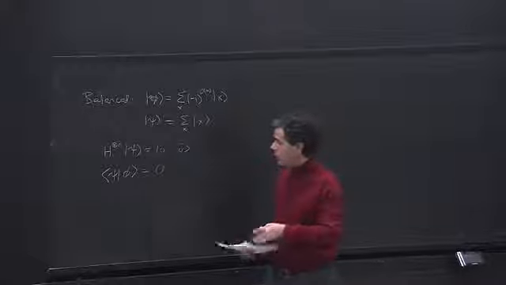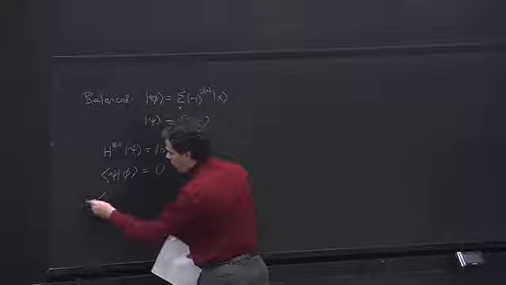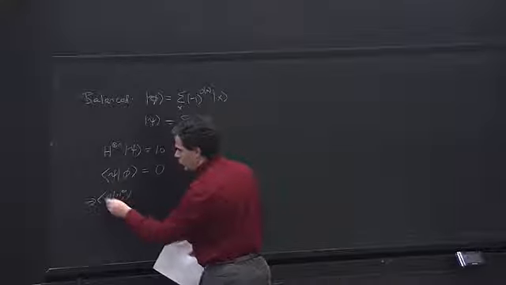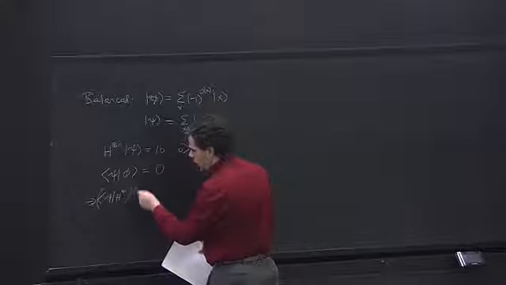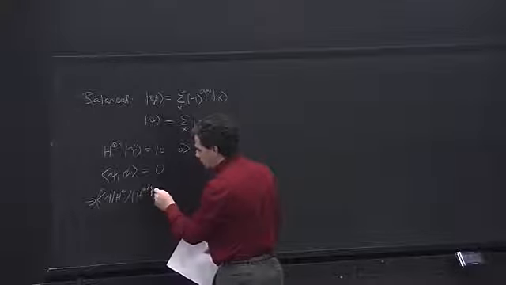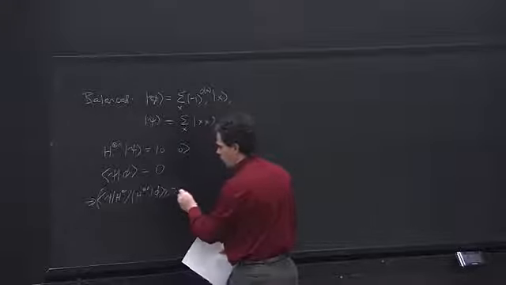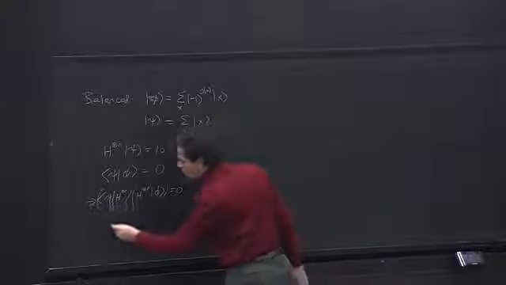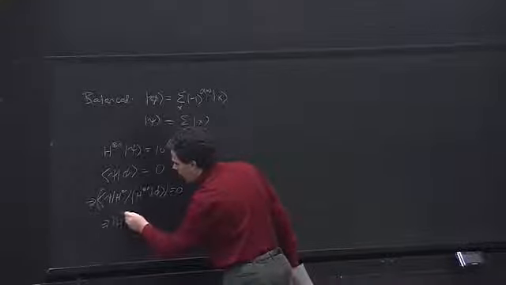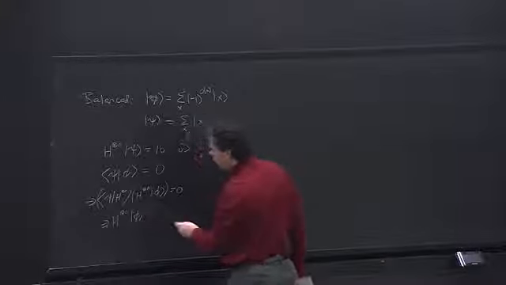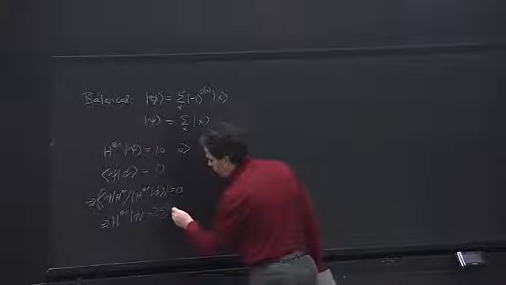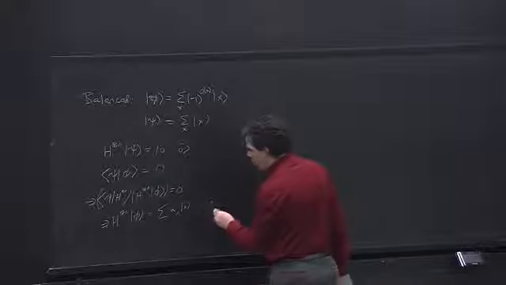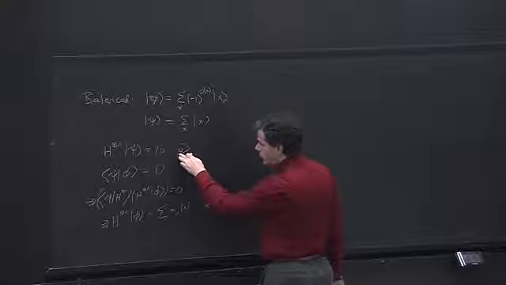Okay? And what that means is that unitaries preserve the inner product. So the inner product between h applied to psi and h applied to phi is also 0. And in particular, h applied to phi, well, it's going to be something of this form, but we know that it has inner product 0 with this thing.